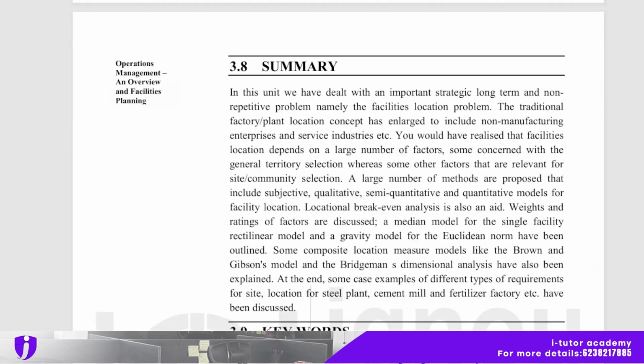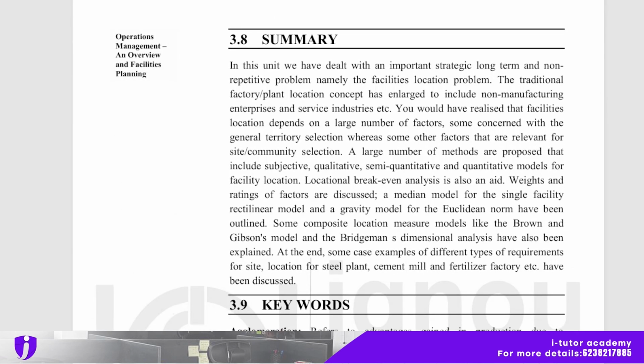And the summary of this unit is here. In this unit we have dealt with an important strategic, long term and non repetitive problem, namely the facilities location problem.